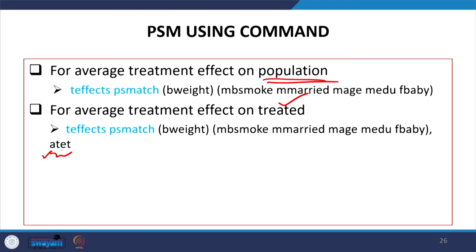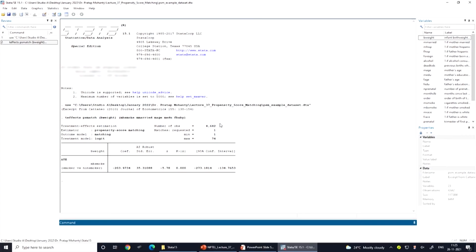We specify it with a comma followed by ATT, average treatment effect on the treated group. The same command, we are just taking it once again and carrying forward with comma ATT.